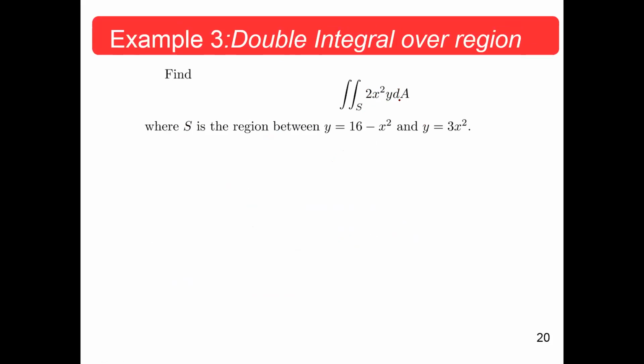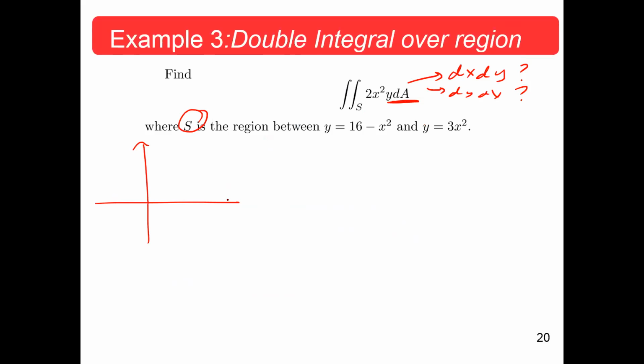First of all, we need to make sure how we write this dA into dx dy or dy dx. I'm going to bring up the graph that we used before to show this region, with 3x squared and 16 minus x squared.